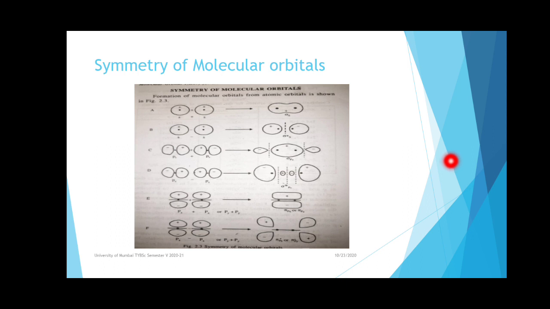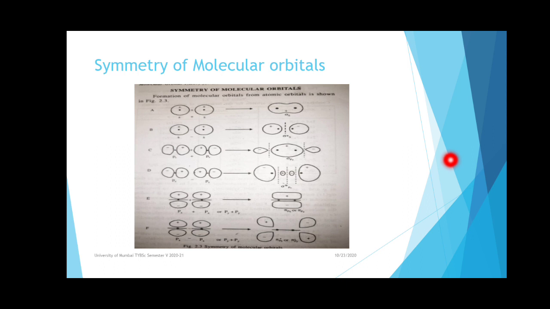But again, when these two orbitals combine by addition, for example px or py, they form a pi molecular orbital. Among that, one is a pi bonding molecular orbital of px, another is of py. But when the same atomic orbitals are subtracted from one another, then there is formation of pi star px or pi star py antibonding molecular orbital.